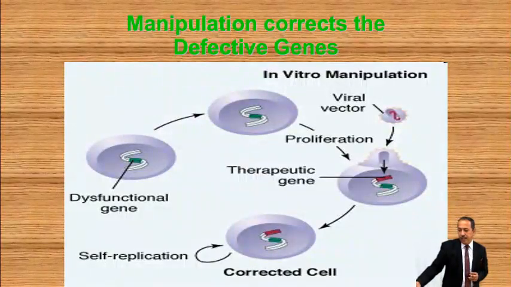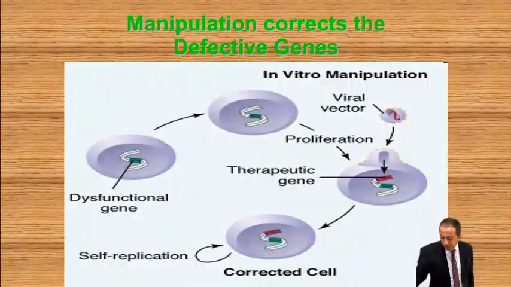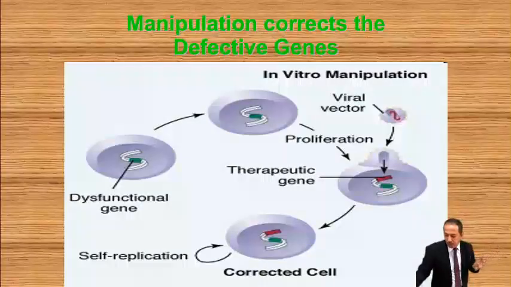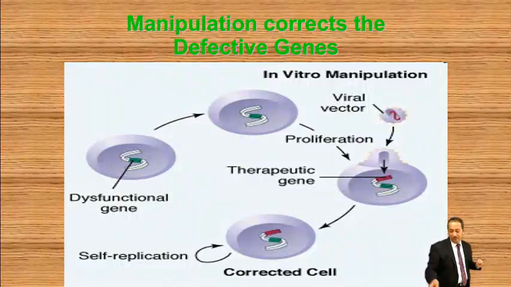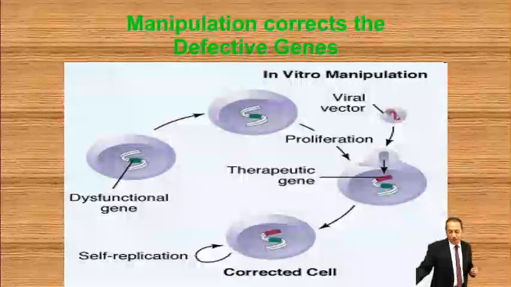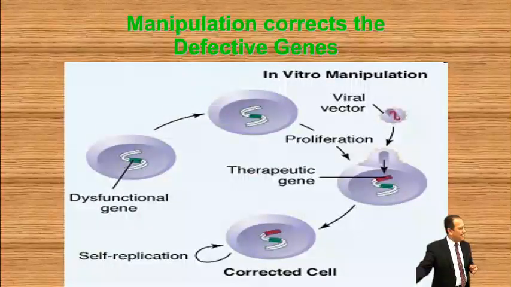Here, the functional or therapeutic gene will be introduced neighboring to the dysfunctional gene. Each cell contains a dysfunctional and a functional gene. The dysfunctional is labeled by green color here, while the functional is encoded by red color.